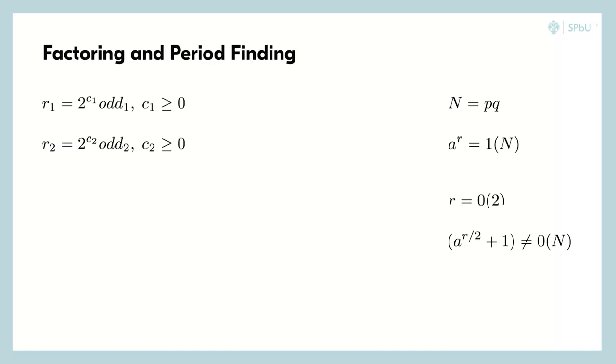And we remember that r is the least common multiple of these two numbers. So this is 2 to the power c1 multiplied by some odd integer, and 2 to the power c2 multiplied by another odd integer.